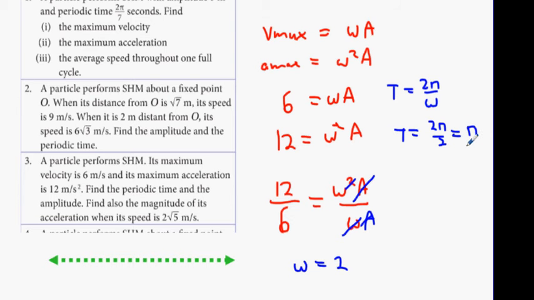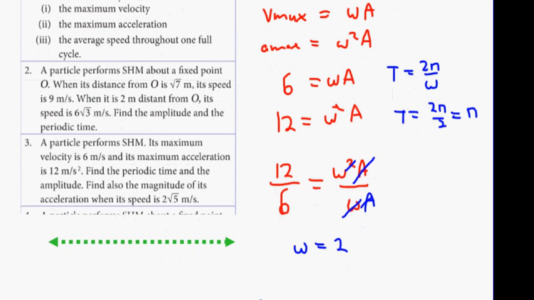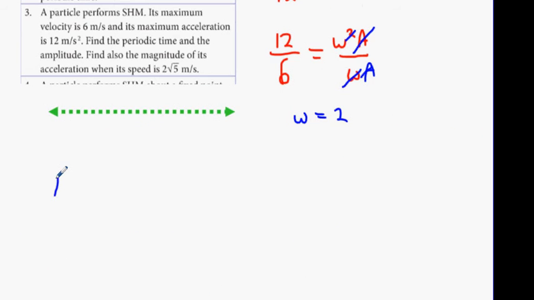Find also the magnitude of its acceleration when the speed is 2 root 5. So what that question basically wants to do is find A. What does the word magnitude mean? It means direction isn't important, as in an acceleration of -5 is the same thing as an acceleration of +5. The magnitude is 5, the sign is irrelevant.